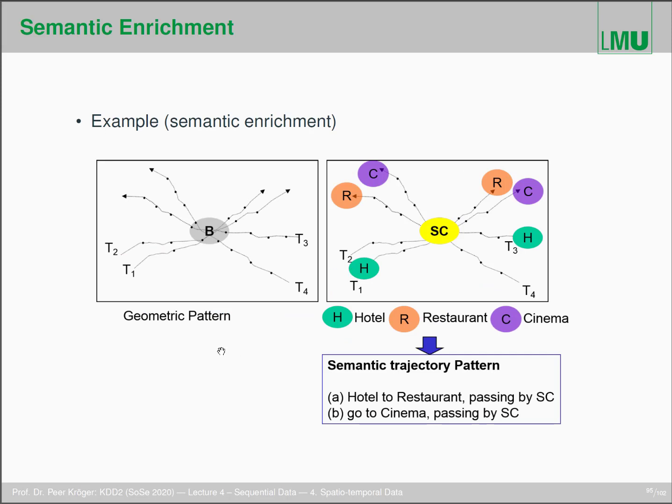So here's an example of an enrichment. This is a geometric pattern like an encounter or stuff like that. And then if you add semantics to, for example, the start point and the end point of each of the trajectories, and the region of the encounter, where the encounter took place, then you see, okay, the encounter took place in the city center, and T1 and T2 came from a specific hotel, T3 came from a specific hotel, T4 came from somewhere, maybe from some suburb.